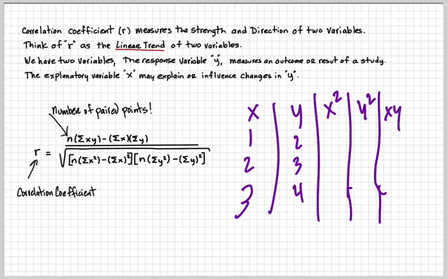So here it says the sum of XY. So 1 times 2 is 2, and 2 times 3 is 6, and 3 times 4 is 12. And then when you add these up, it's the sum of XY, which in this case will be what? 12, 18, 19, 20, right? So it's 20. So you would put 20 here.